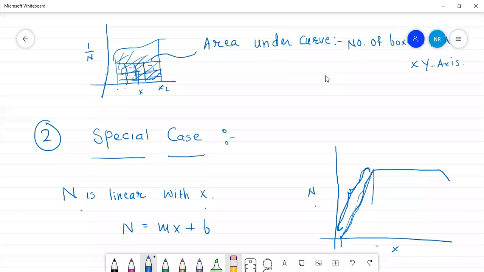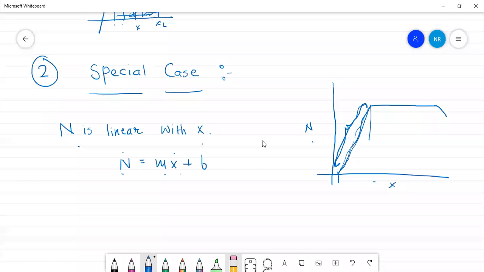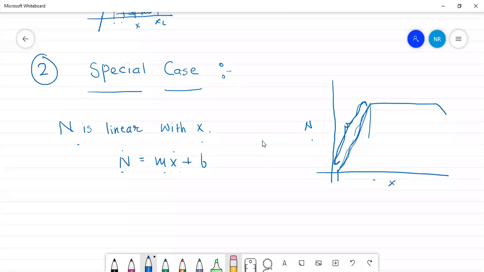So N changes as X changes, where m is equal to the slope and b is a constant.